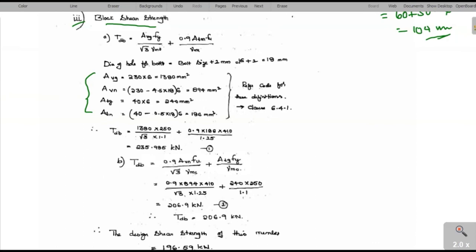Okay. So now substitute the values of Avg, Avn, Atg, Atn in this above expression, and Fy and Fu are the yield and ultimate strength of the plate material, and gamma M0 and gamma M1. So put those values in that and you get the block shear strength of 235.985.